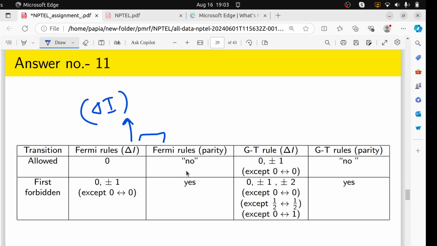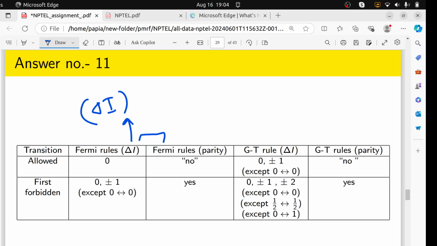For allowed Fermi transition, delta I should be 0 as well as parity should not be changed. I'm just explaining this table right now, and if there is some problem, then I will explain the table again. Now coming to the Gamow-Teller rule. If it is an allowed decay, then what will be the condition? The condition will be delta I should be 0 or plus minus 1, except 0 to 0. And Gamow-Teller rule means parity should not be changed.